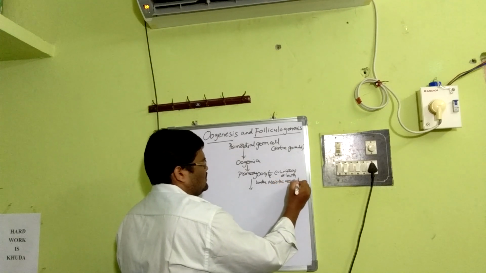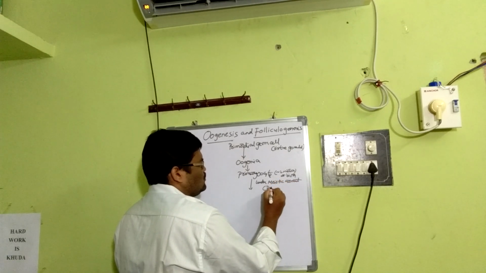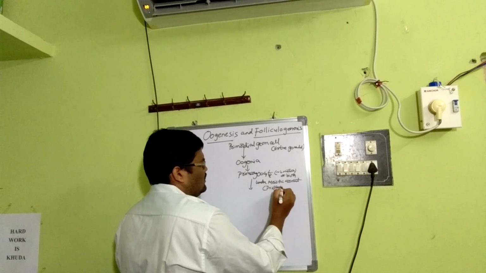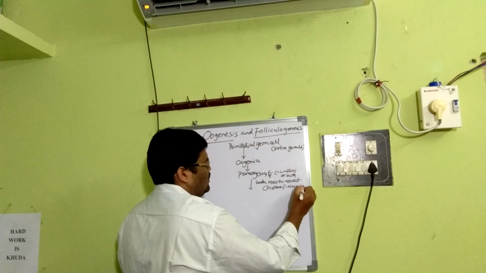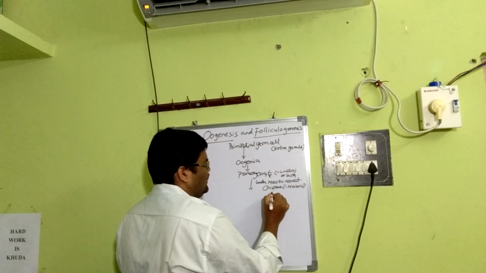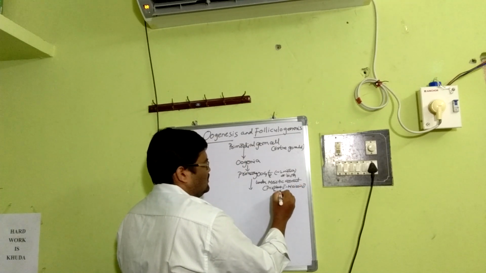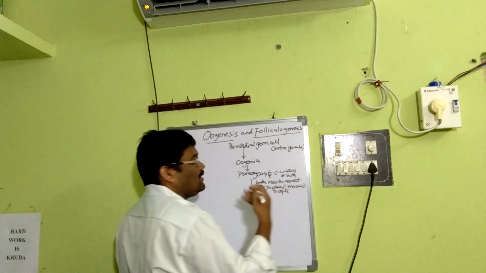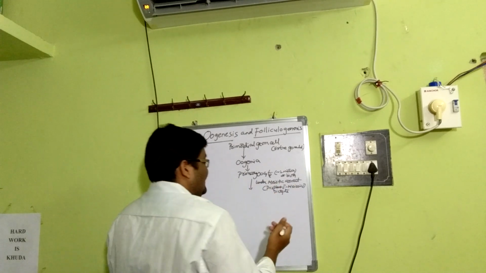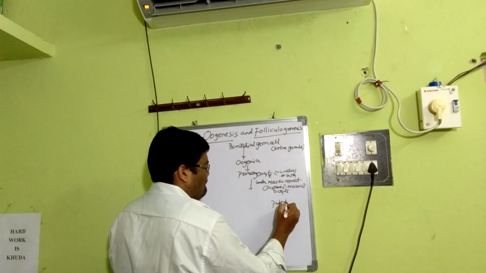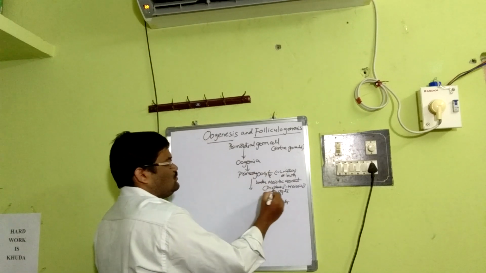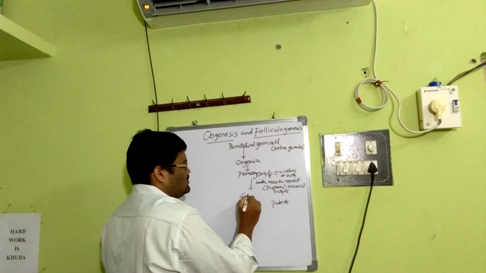Meiotic arrest means prophase 1 of meiosis 1 until the dictyate stage, until they attain puberty. At puberty, it will continue meiosis 1, then become a secondary oocyte.